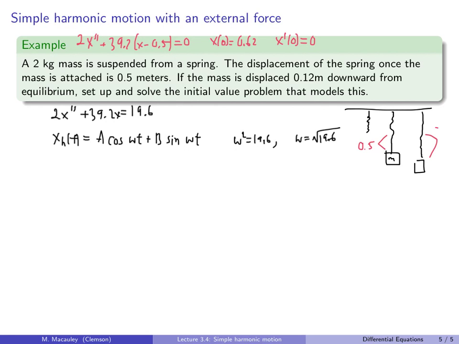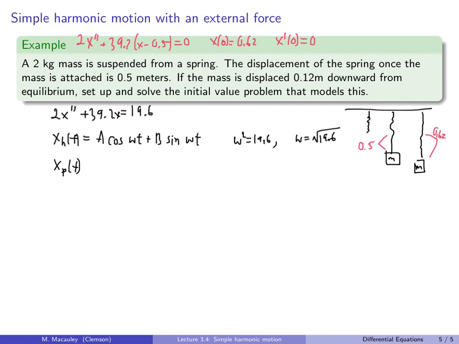So it's 0.62 meters. So this is the homogeneous solution, obviously. And how about a particular solution? So what is a solution that solves this? Well, is there a constant solution?